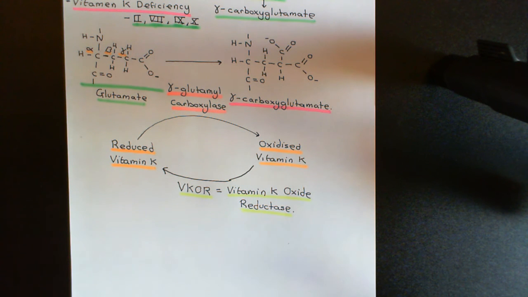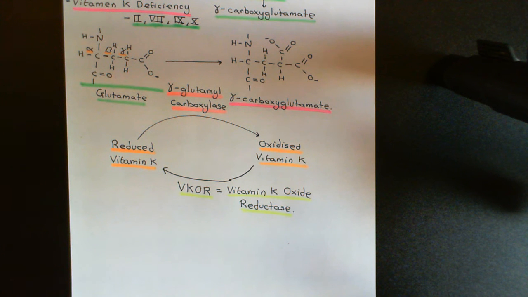So loads of these coagulation factor molecules will end up being put into the bloodstream without having had their glutamate residues converted into gamma-carboxyglutamate residues at the appropriate places, and therefore these coagulation factors will be non-functional. And as I say, clearly 2, prothrombin, is absolutely essential for both the intrinsic and extrinsic pathway.